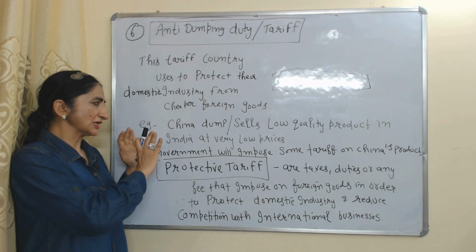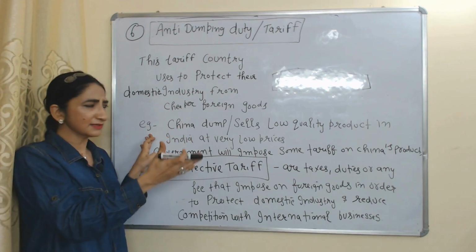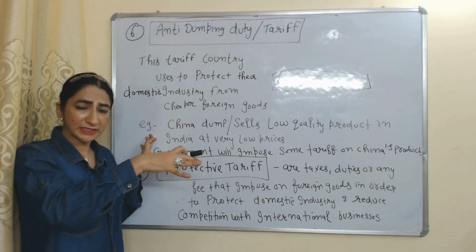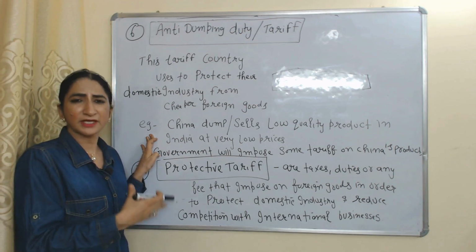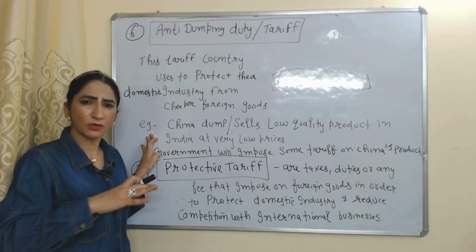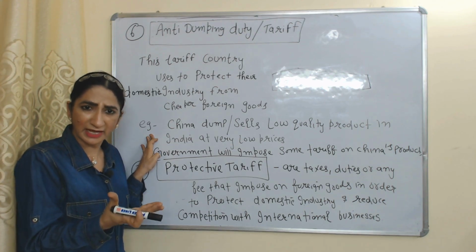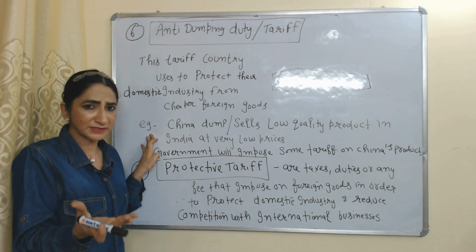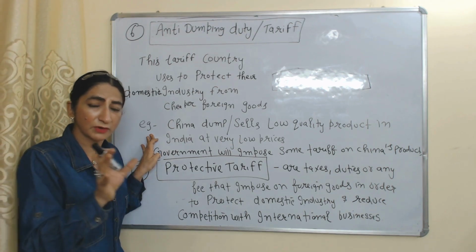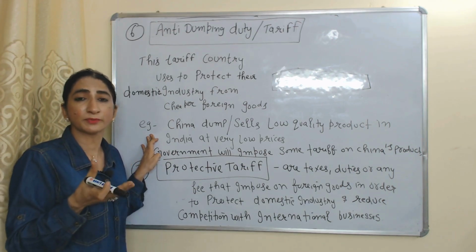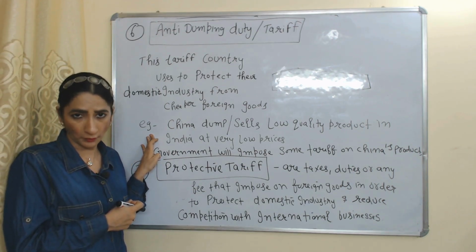For example, China dumps, or we can say China sells, its low quality product in India at a very low price. Then obviously people of India will not buy their own country's product. As a result, the domestic industry will suffer because people will only buy Chinese products since their prices are very low.